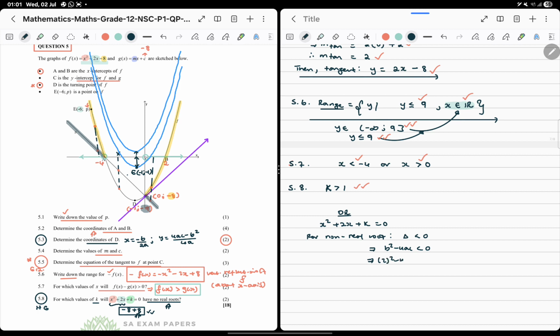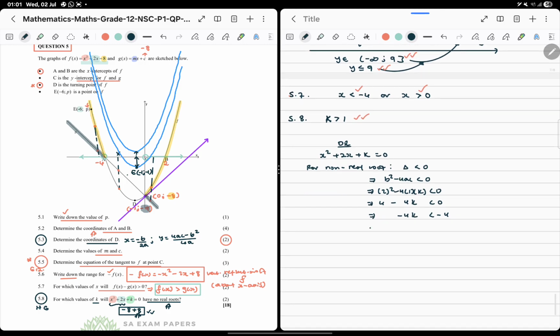This is now 2 squared minus 4 into 1 into k, which must be less than 0. This means 4 minus 4k must be less than 0. Minus 4k must be less than minus 4. So when we divide by minus 4, we can see k is greater than 1.